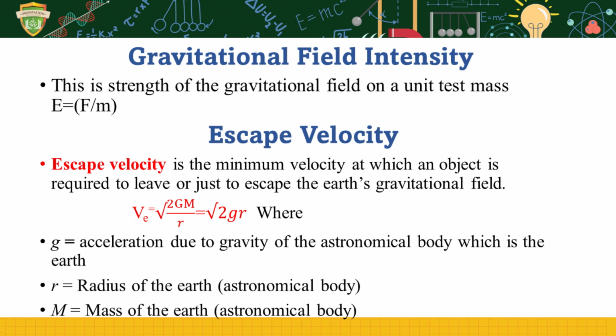Now, from there, we look at what is escape velocity. Escape velocity is the minimum velocity at which an object is required to leave or escape the Earth's gravitational field.